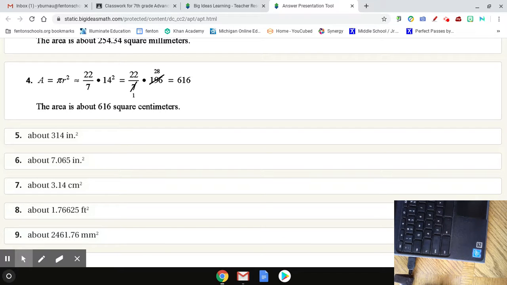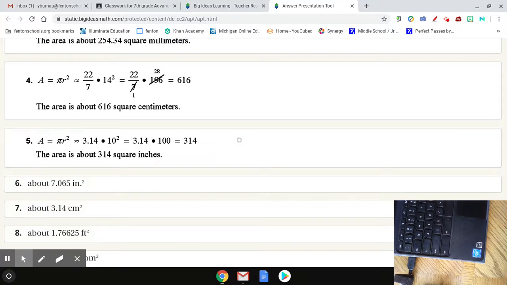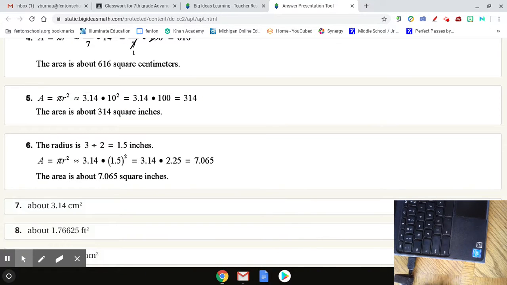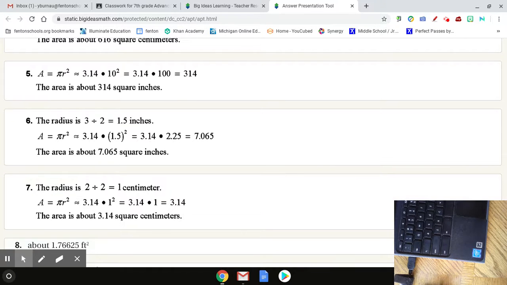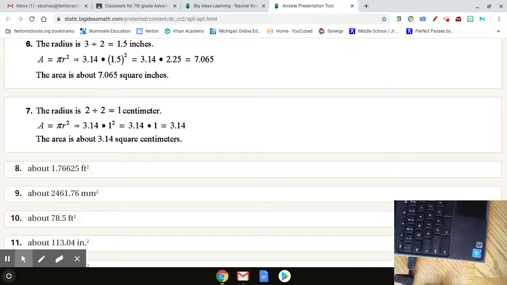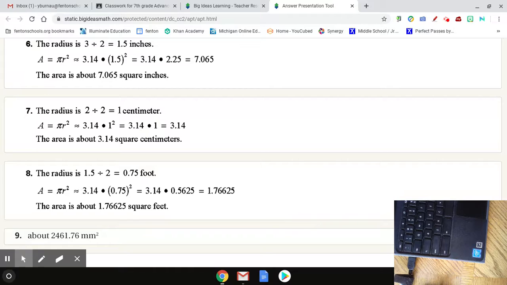All right, number four, so 616 square centimeters is the area of the circle. Number five, the area is 314 square inches. Number six, you should have gotten 7.065 square inches. Number seven, 3.14 centimeters squared.